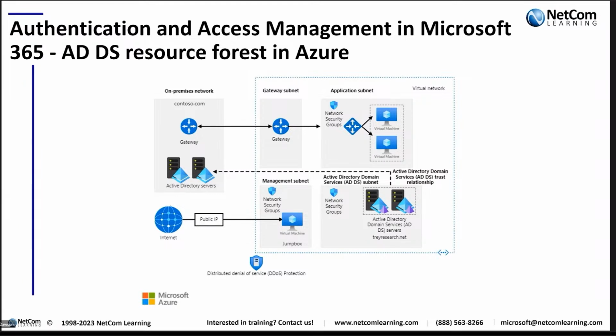Basically, you're creating an Active Directory domain in Azure that is trusted by domains in your on-premise AD forest. And you can do this using a couple of different tools, either AD Connect or another tool such as an AD virtual network.